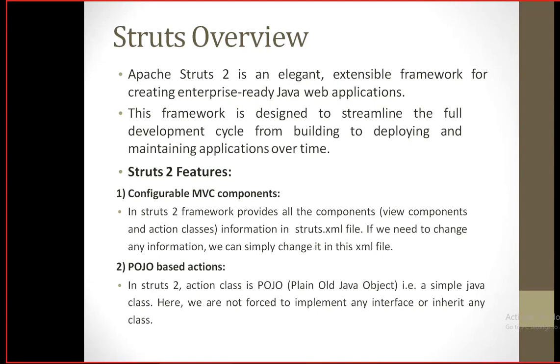So we have two choices, but it is not mandatory to implement any of the interfaces or inherit any other class in order to implement our own action class. Okay, we can straight away write the execute method in our own action class, and we can have the model part of our Struts application ready.